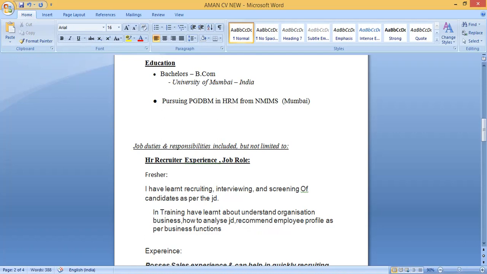Recommend employee profile as per the business functions to the hiring manager. All right. So you got the meaning now. So this is how you have to understand the JD and write the points in your resume and make the meaning similar.